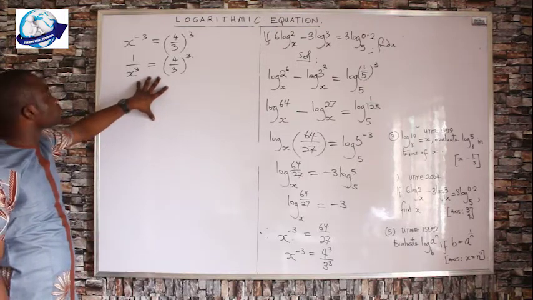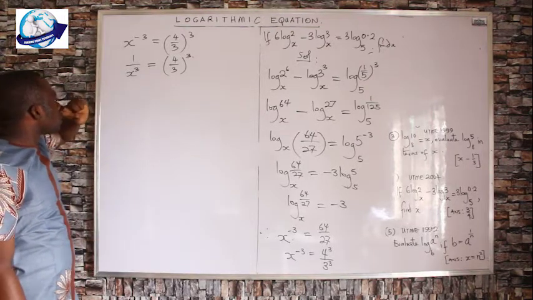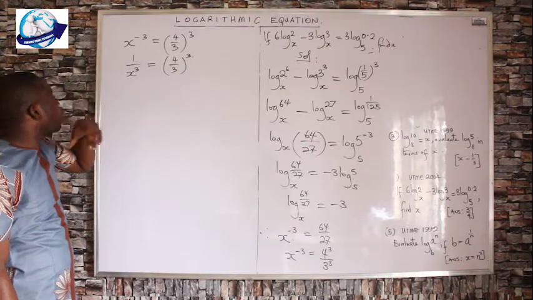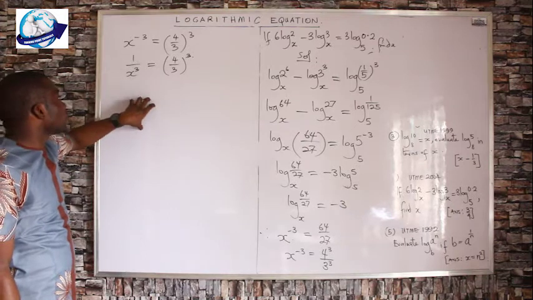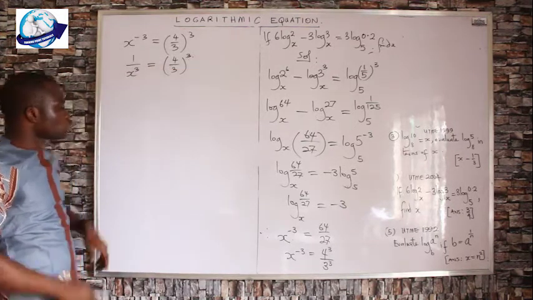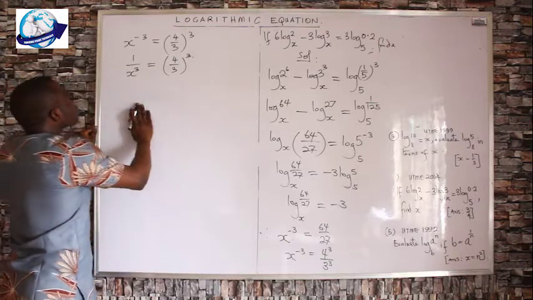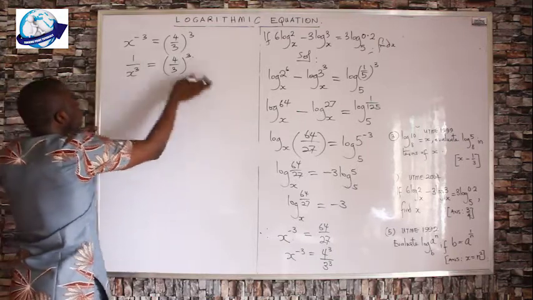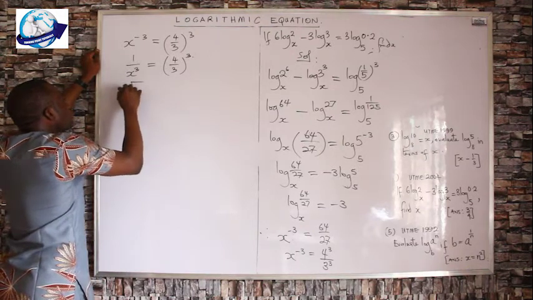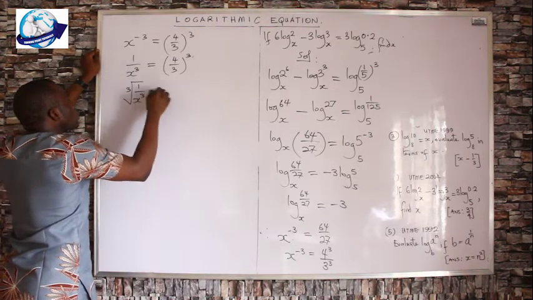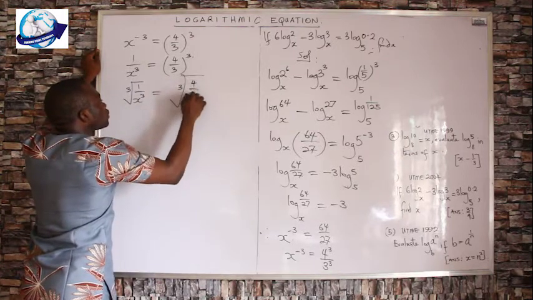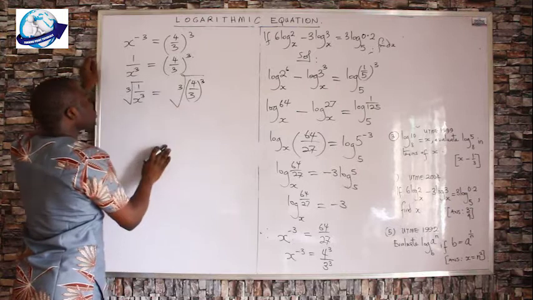Now at this junction, hear this now. What do we do from here? Let's say we want to take the cube root of both sides, because it's only cube root that can actually take away this cube. Taking cube root of this side, cube root of this side, what do we have? Cube root of 1 over x cubed, then we'll take cube root of 4 over 3 all cubed.